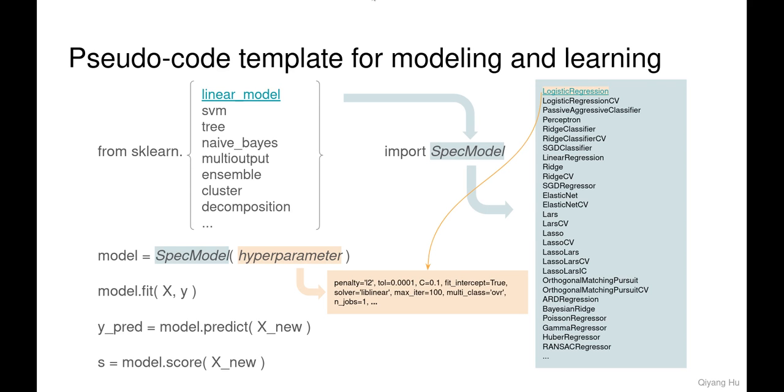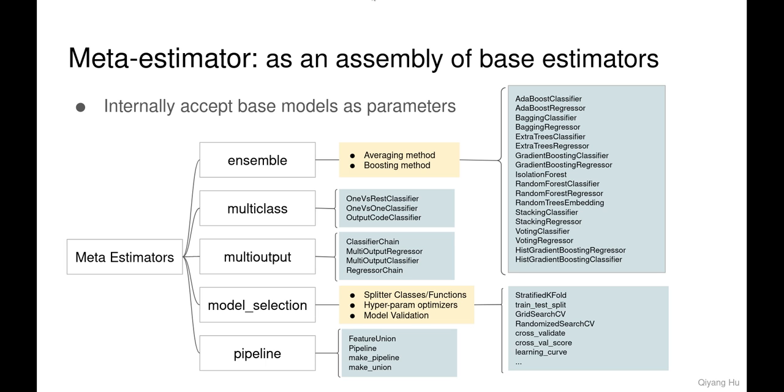The example we showed here, logistic regression, is what we call a basic estimator. There is another type of estimator, a higher-level one, called a meta-estimator in Scikit-Learn. A meta-estimator is a model that assembles a group of basic estimators.